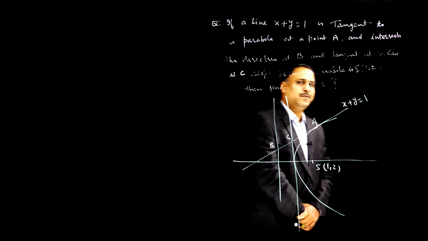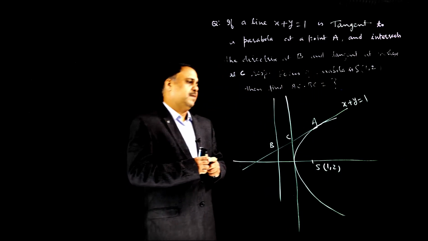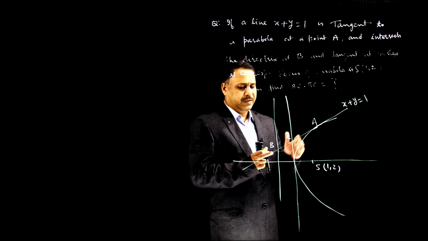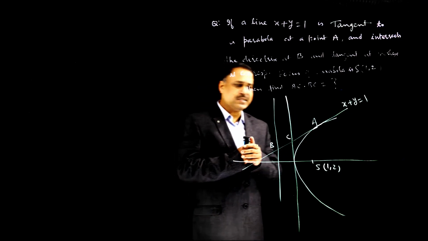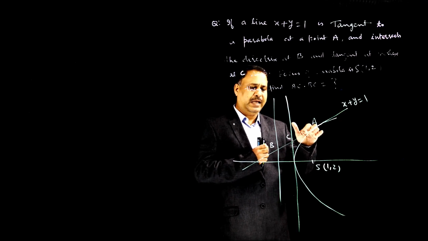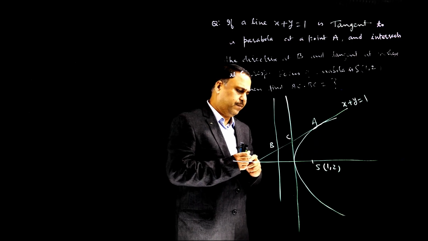Now one hint I will give. We can use one property: the portion of the tangent intercepted between the point of contact A and the directrix subtends a right angle at the focus.